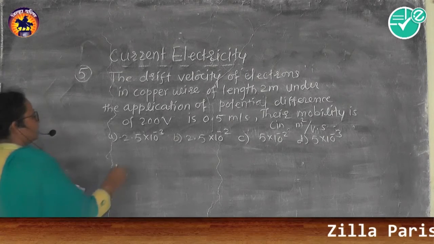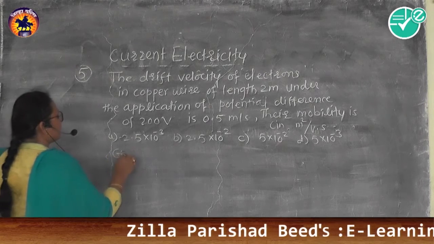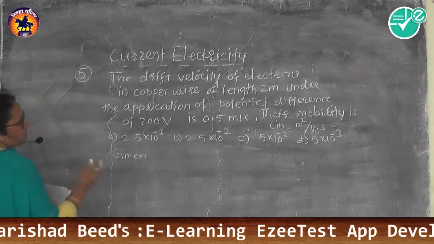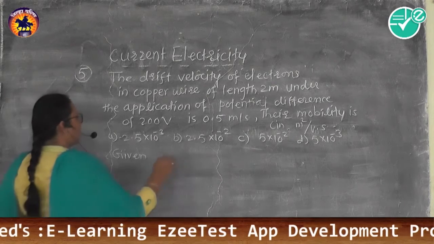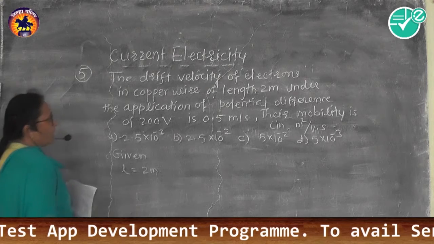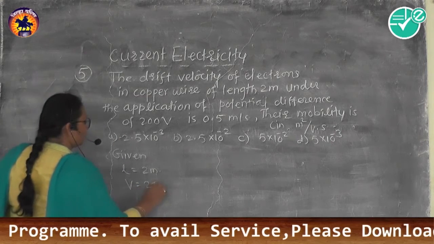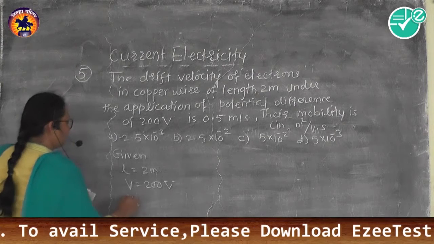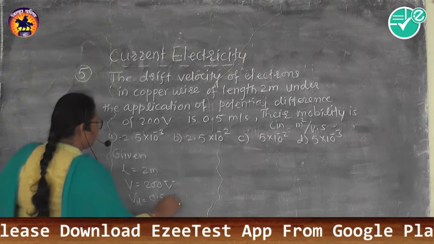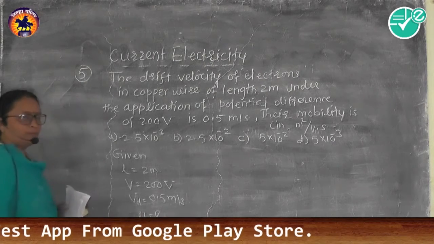As in our last lecture, actually data is given like this. Drift velocity of electrons in copper wire of length is given here, L is equal to 2 meter. Potential difference applied is also given, 200 volt, and that drift speed is mentioned here, 0.5 meter per second, and you have asked the formula for mu.